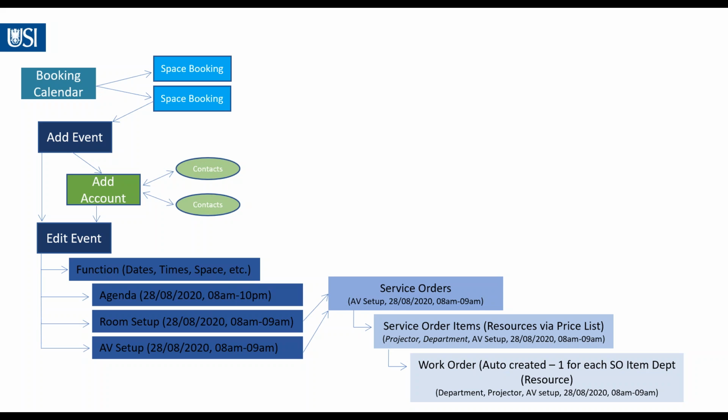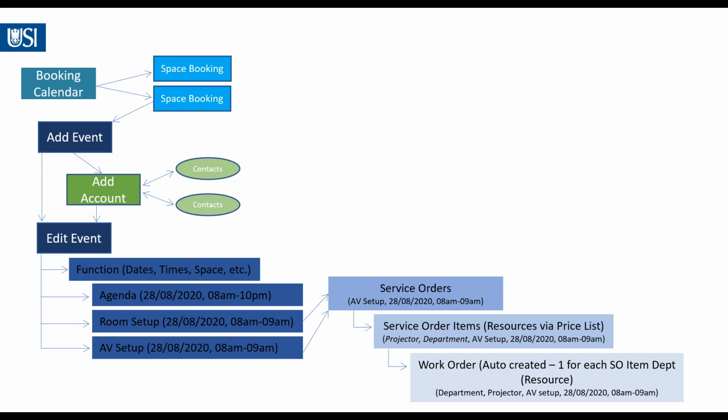We then go through and add service orders to our relevant function lines. So for example, we've got room set up here. We'll go through and add a service order and then list out the service order items that will be delivered. So listing out our chairs, our tables, any kind of equipment or room setup specifications that this particular event needs, we'll attach those to the relevant room setup function line.